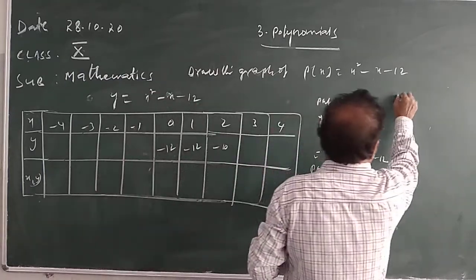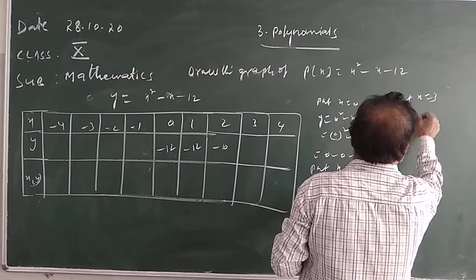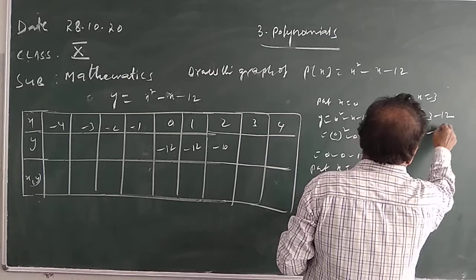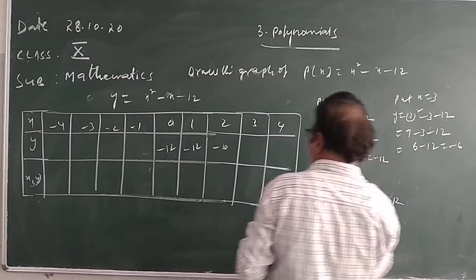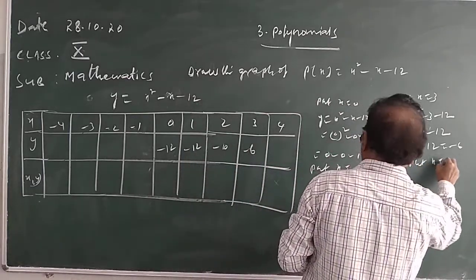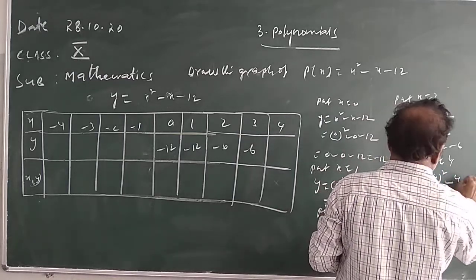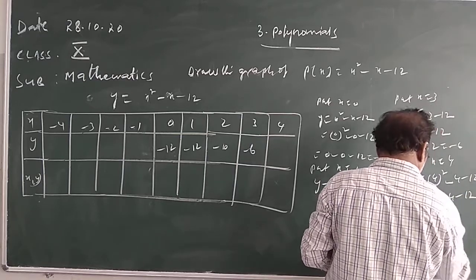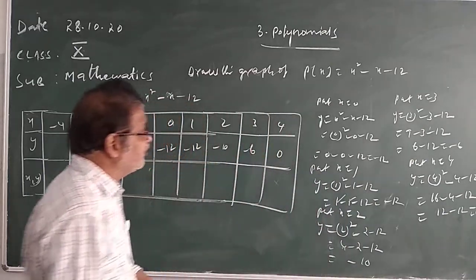Put x is equal to 3, y is equal to 3 square minus 3 minus 12. 3 square is 9, 9 minus 3 is 6, 6 minus 12 is minus 6. x is equal to 4, y is equal to 4 square minus 4 minus 12. 4 square is 16, 16 minus 4 is 12, 12 minus 12 is 0. Like this you can calculate, put the values.